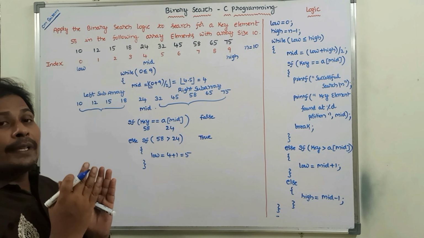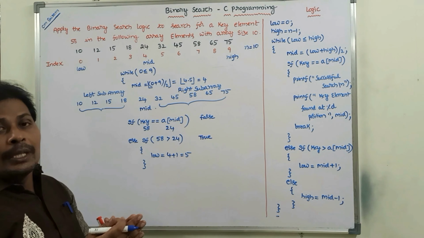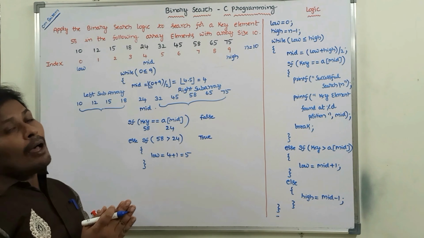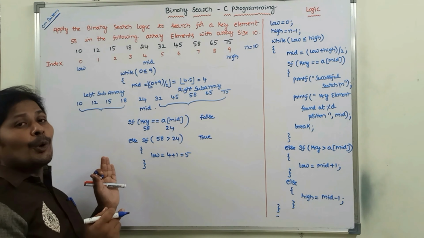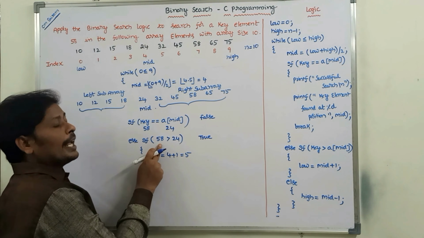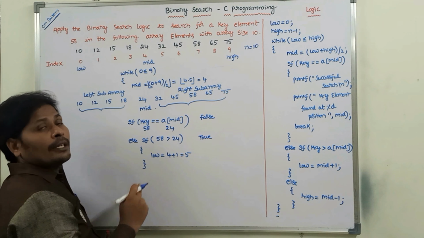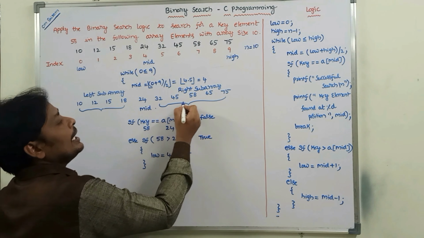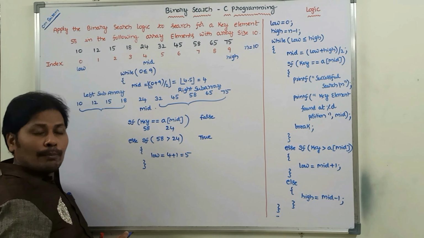If the key value is greater than a of mid value, that means our key element is found in the right sub array, then we have to ignore the left sub array. So key element is 58, mid element is 24, condition true. We are considering only the right sub array by ignoring the left sub array.